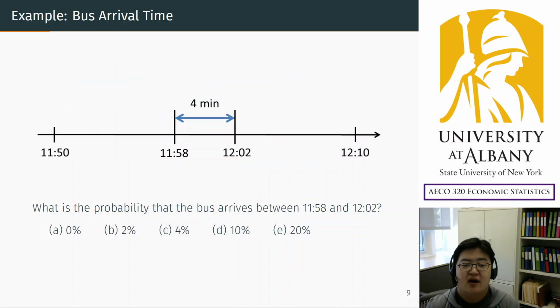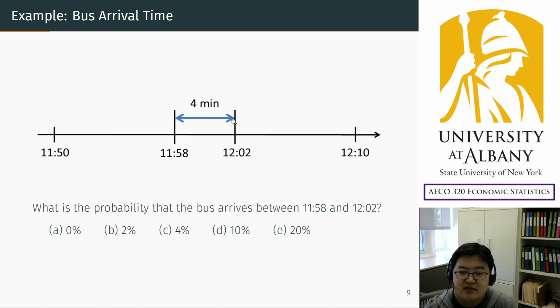As I said, you can calculate any probability under that assumption. If you understand probability as a length, then you can calculate any probability. So this is an example. What is the probability that the bus arrives within plus or minus 2 minutes?